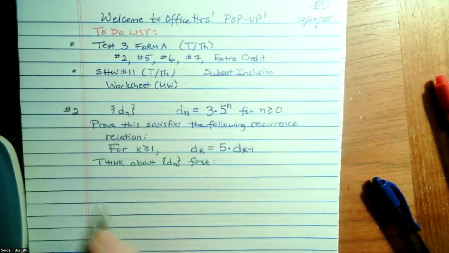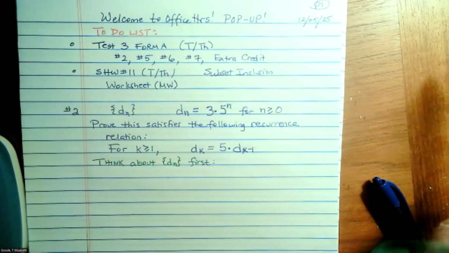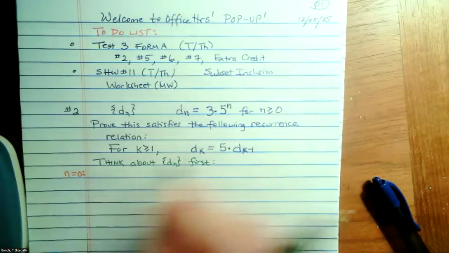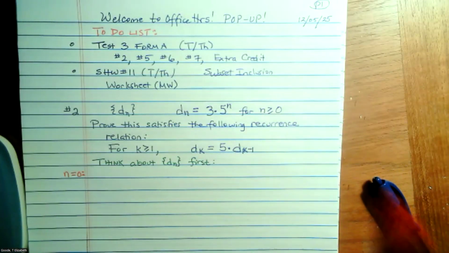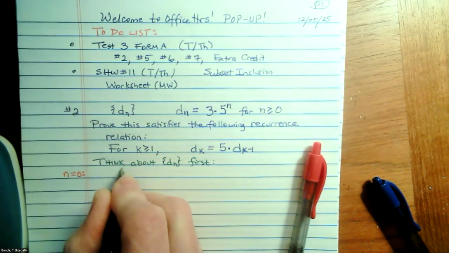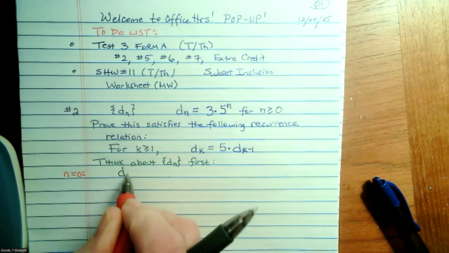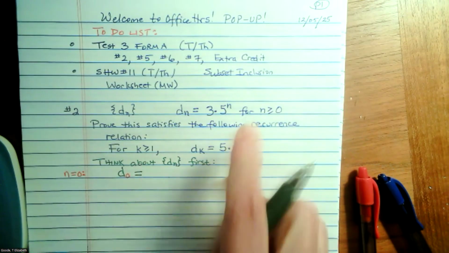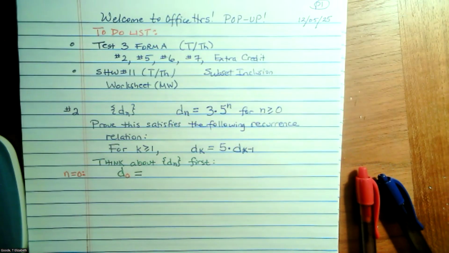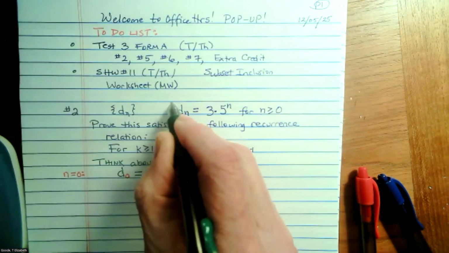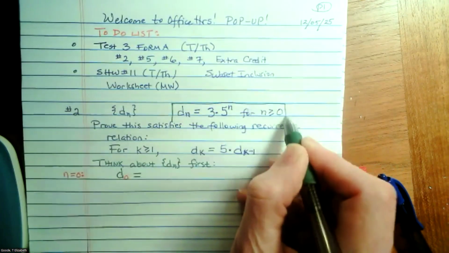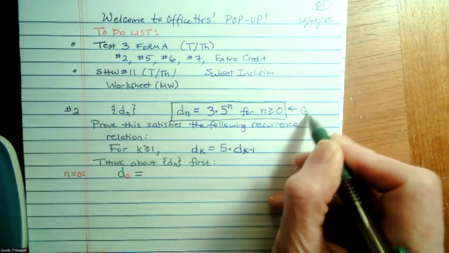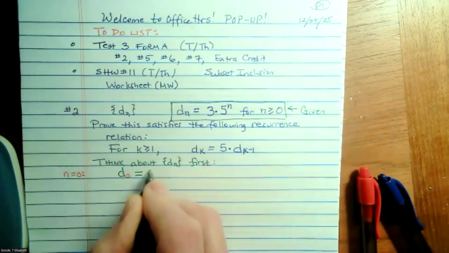So what is D sub 0? When n is 0, when the indexing number, which is n, is 0, what is D sub 0 according to this formula? This formula is what's actually given. It would be 3. It would just be 3.